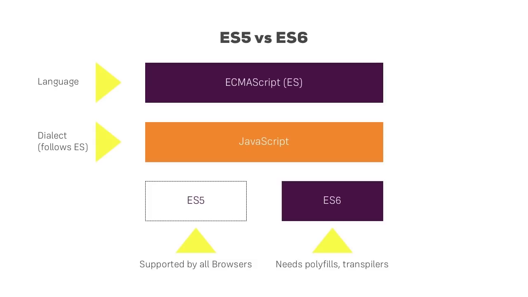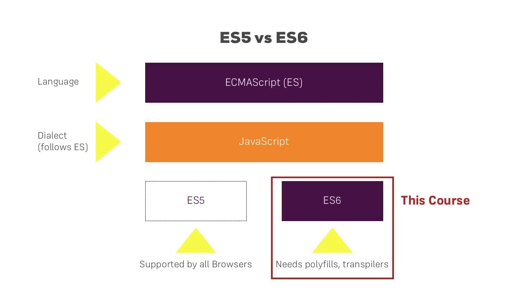That sounds strange, but it allows you to use ES6 features today and does what you would have had to do in the past to do the same in ES5. It does that for you, and so you're able to run ES6 code today, even though browsers don't fully support it yet. This course will focus on ES6.